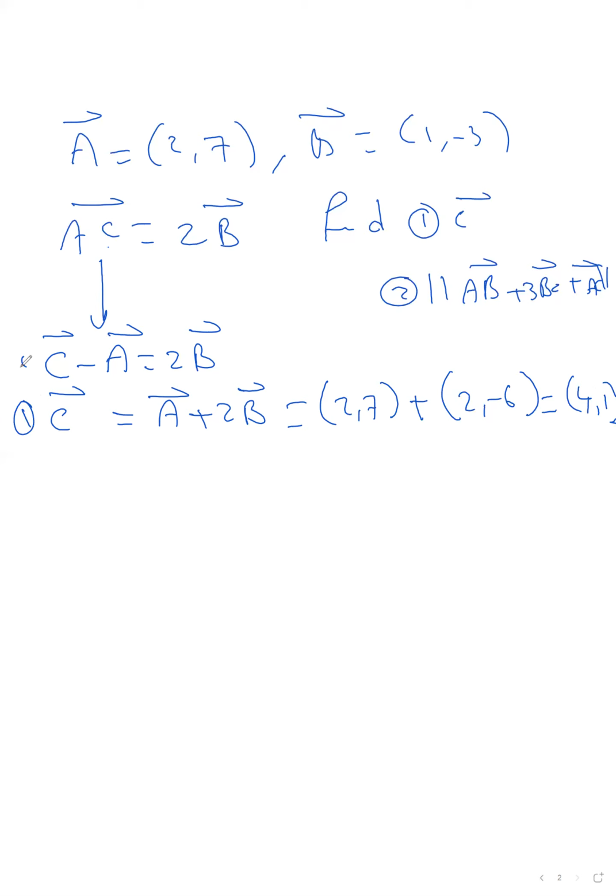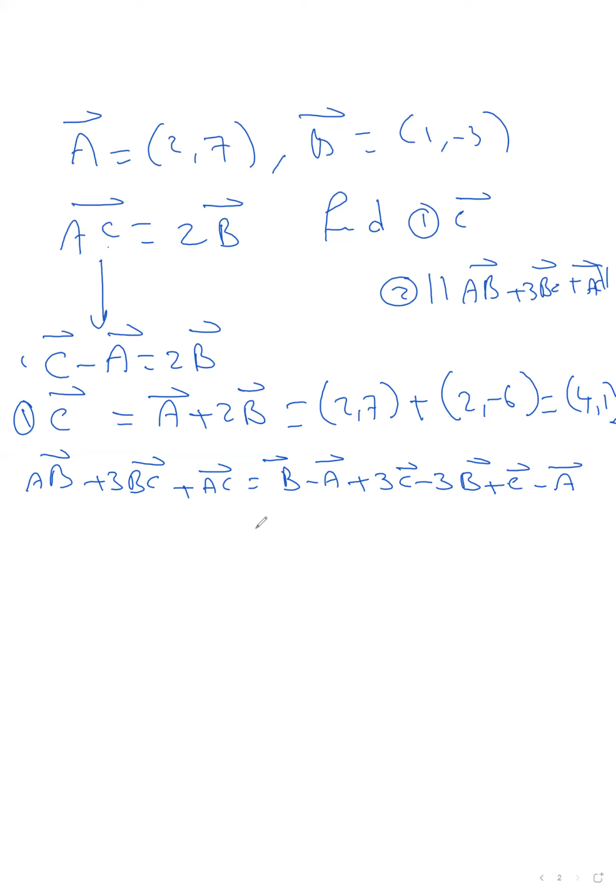Okay. The second: we want the norm of AB plus 3BC plus AC, then we find the norm. First, vector B minus vector A, plus 3 vector C minus 3 vector B, plus vector C minus vector A. What will it be? Negative 2 vector A minus 2 vector B plus 4C.